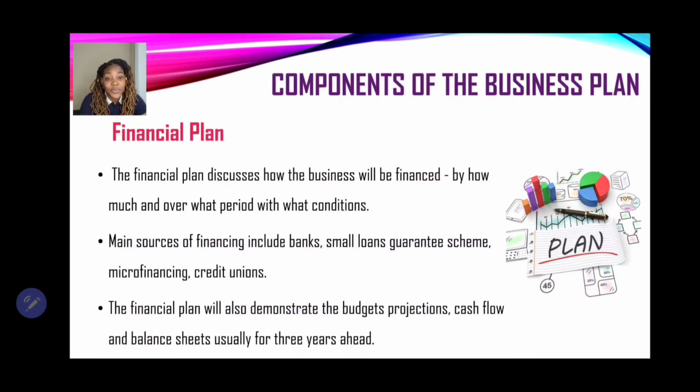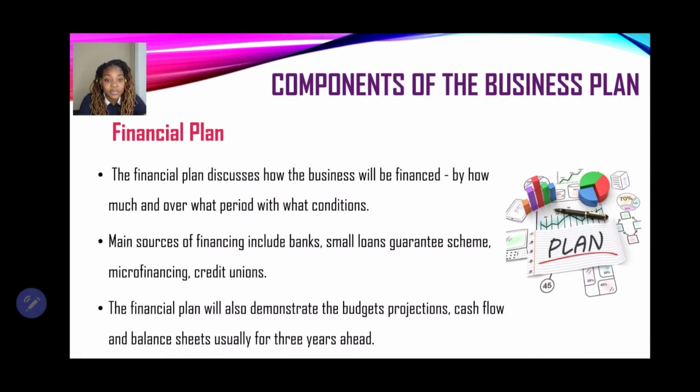Our next component, which is very important also, is the financial plan. The financial plan discusses how the business will be financed, by who, by how much, and what period with what condition. Main sources of financing include banks, small loans, guarantee schemes, microfinancing, and even credit unions as well.